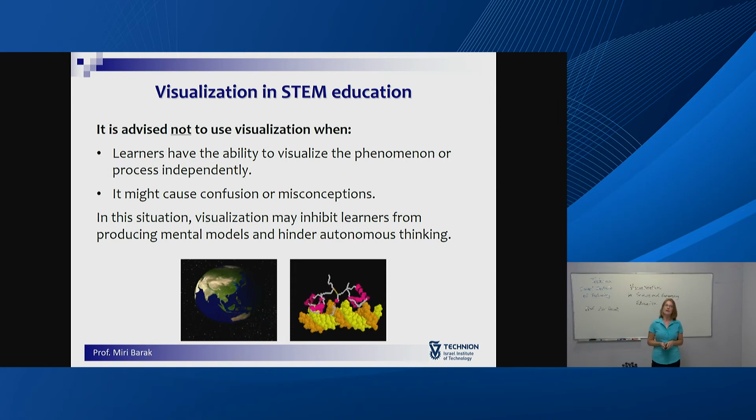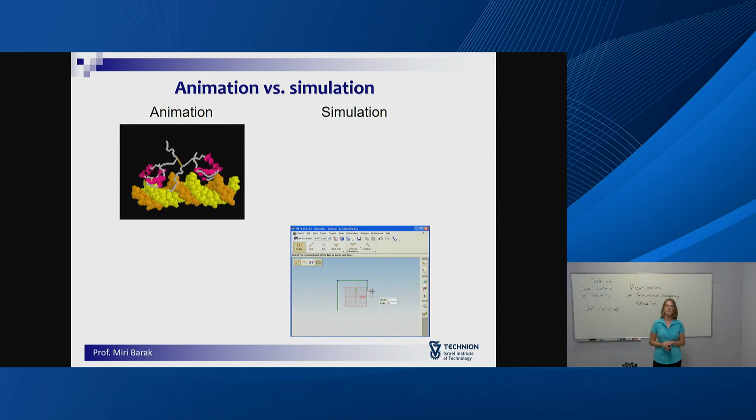However, it is advised not to use visualization when learners have the ability to visualize on their own the phenomena or process independently. It might cause confusion or misconceptions if it's used in a way that is not promoting the understanding. And in these situations, visualization might inhibit learners from producing mental models and hinder their autonomous thinking.